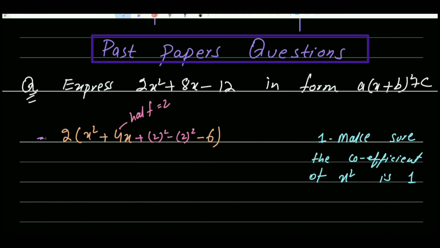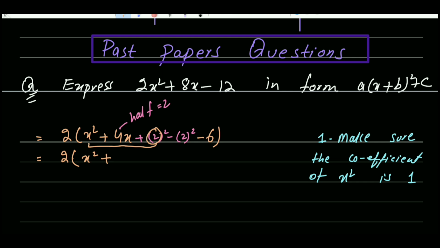After that, the next step is, the first 3 terms will make a formula. From the first term we will take x, from the second term we will take the sign, that is positive, and from the third term we will take the value, that is 2 without square.